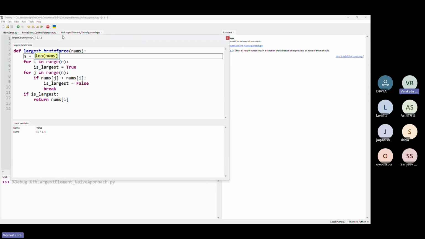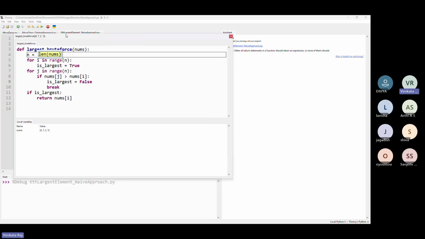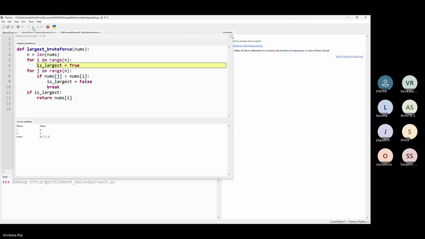Okay, we are going into the function. There is a problem with the indentation.